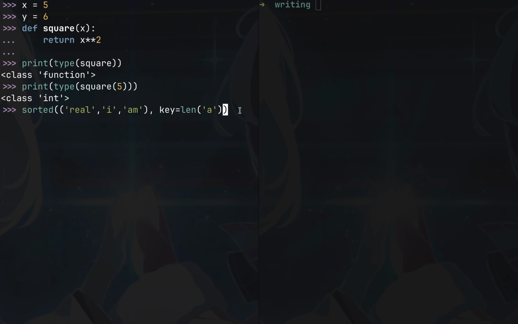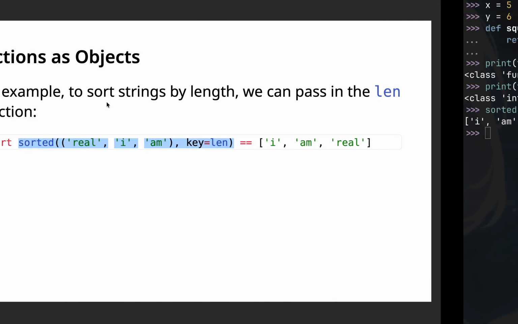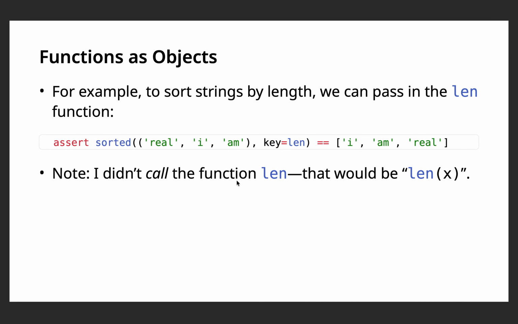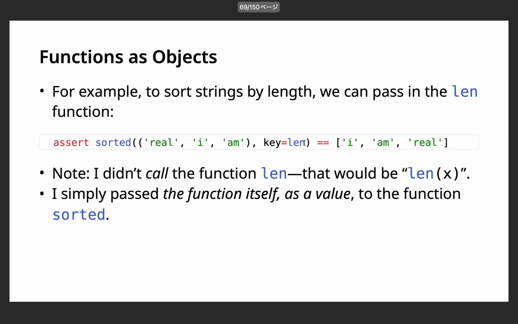So this is something different from this. Here you're passing in the function itself as the value corresponding to key. If we do that, you'll see now that this is sorted by their length. I is the shortest string, so it goes first, and so on and so forth. Again, note that you're giving it the function, not a function call.